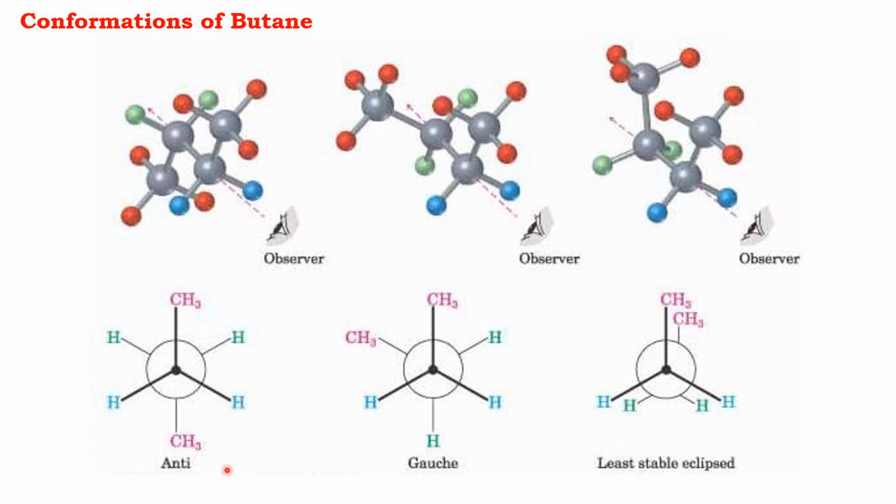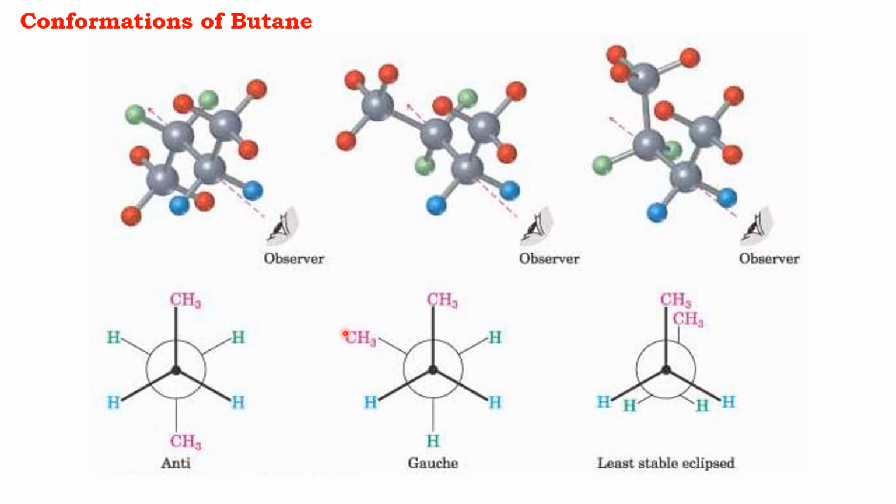So in the anti-conformation, the CH3 groups, which are the bulky groups, are exactly opposite to each other with respect to the plane of the C2-C3 carbon-carbon single bond. Hence, this is the most stable conformation.